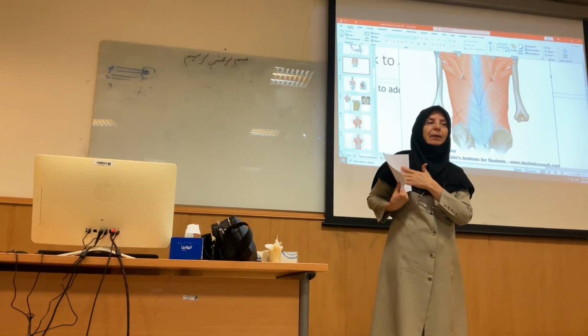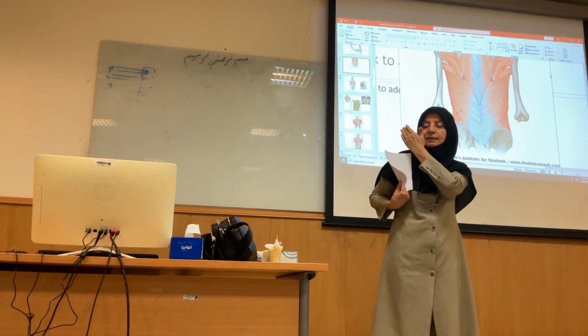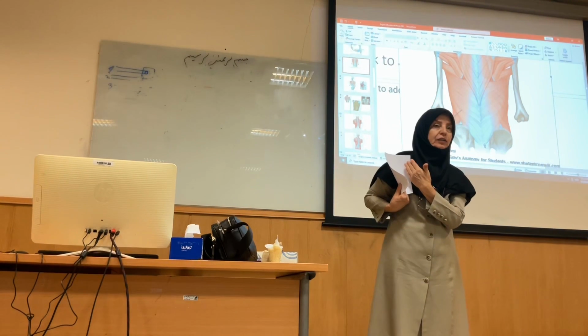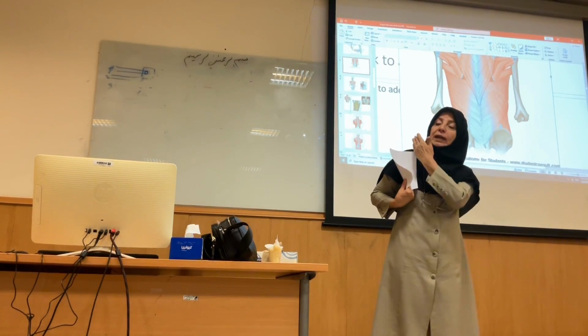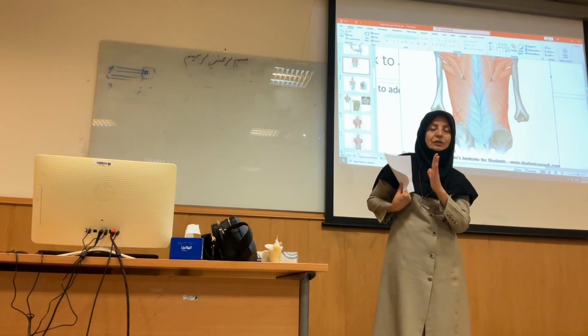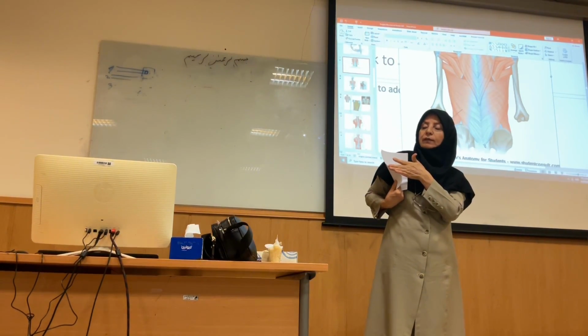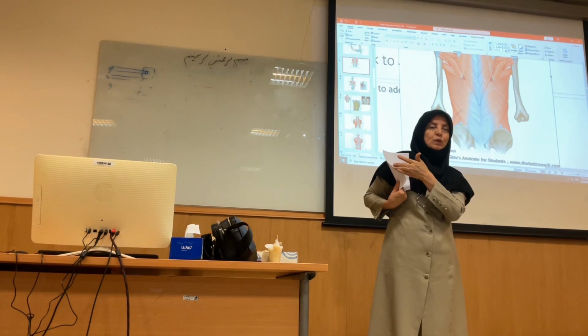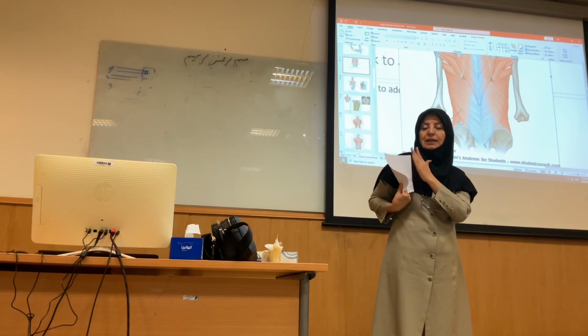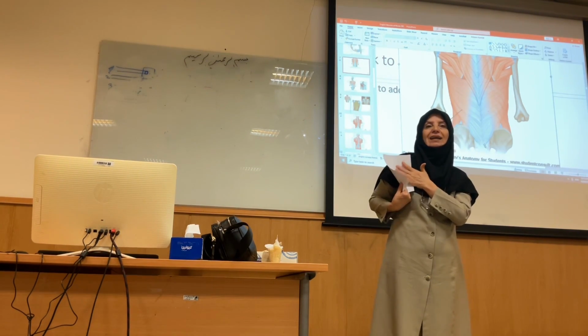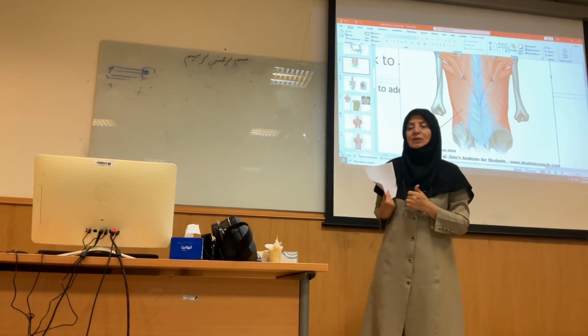Can you remember the tendon of which muscle is passing here? The long head of the biceps. It is only passing, not attaching. The lateral border of the intertubercular sulcus or groove is the area for attachment of pectoralis major. The floor is the area for attachment of latissimus dorsi.